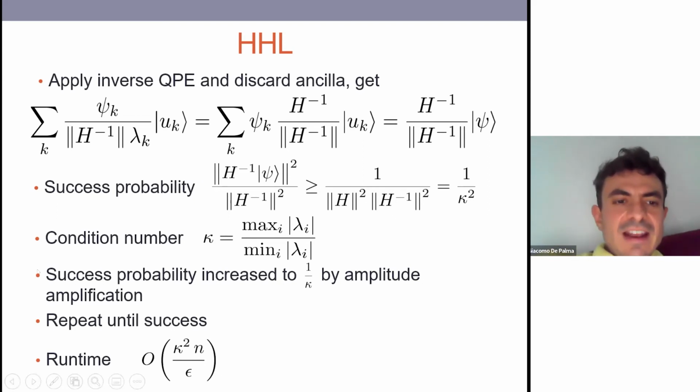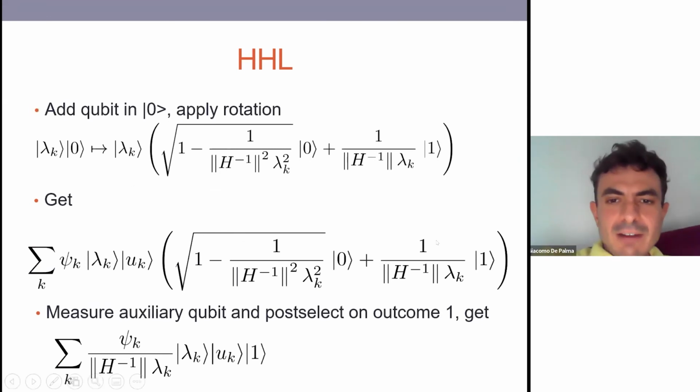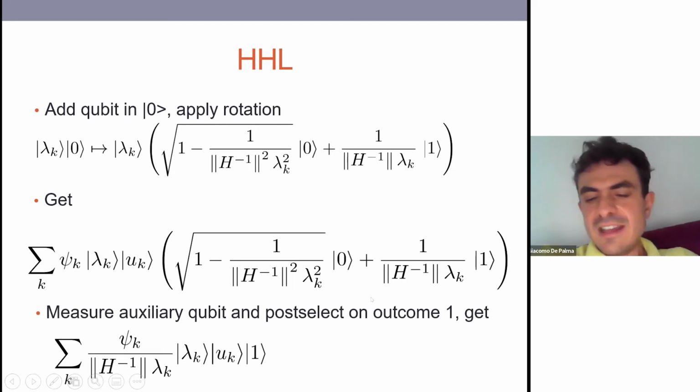Now, we can actually apply here this technique that I mentioned earlier in the talk, which is called amplitude amplification, because here we are exactly in the situation that I talked about. We have a good state which is in some subspace, and we have a bad state which is in the orthogonal subspace. And we actually produce a linear combination of the two, but we wanted only the good part of the state.